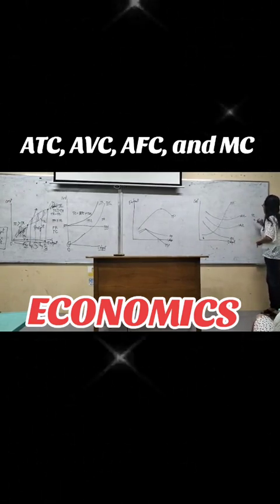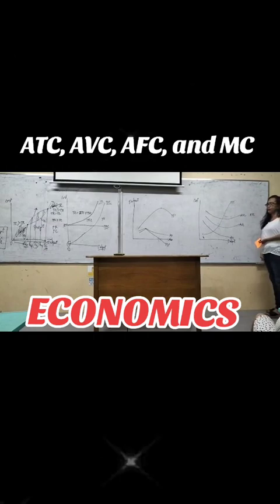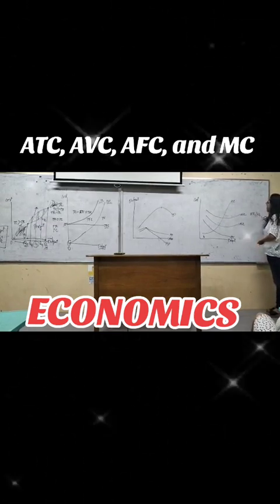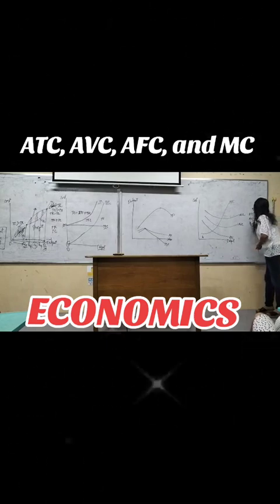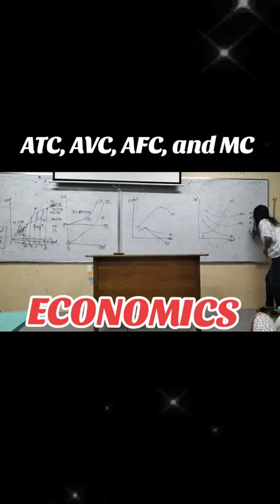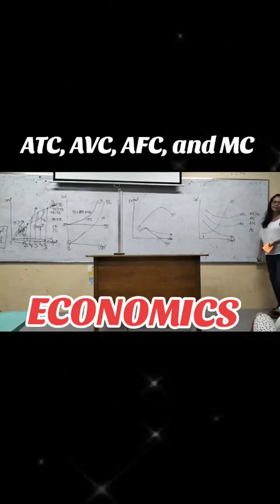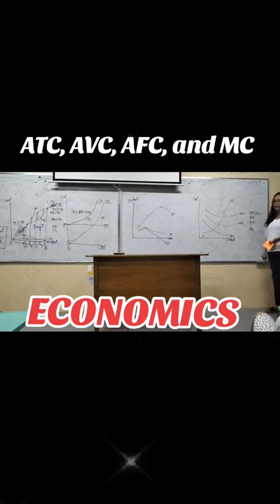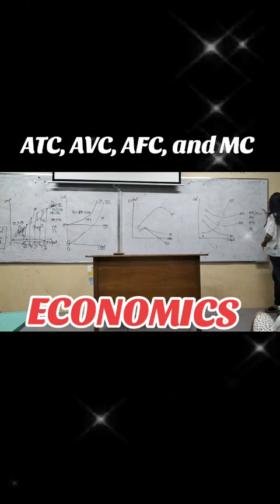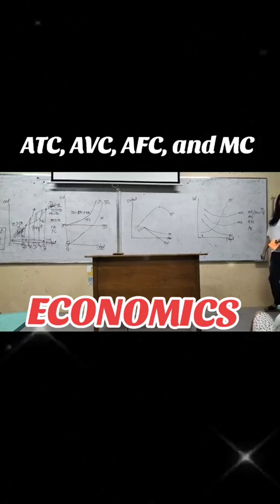Total cost or average total cost, which is also known as average cost. We have average variable cost, average fixed cost, and marginal cost. Average total cost, we determine by dividing your total cost over quantity.